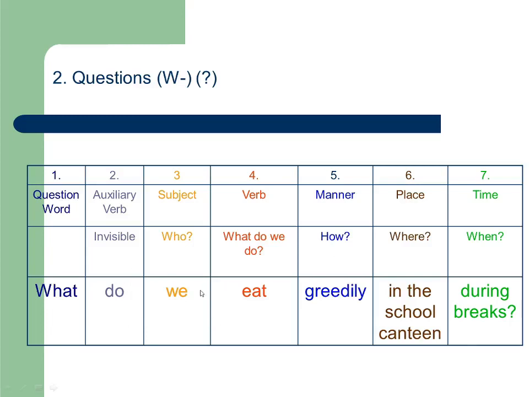But here we have added a WH word. A WH word may be what, when, where, like that. These words should be added at the first of the sentence. Then we can make the WH question. What do we eat greedily in the school canteen during breaks?